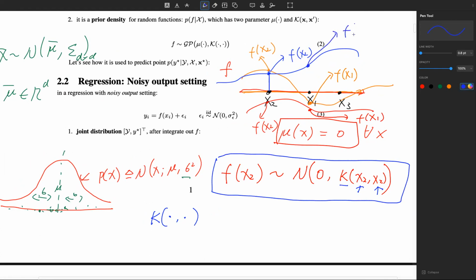The blue one, the orange one and the red one are 3 different realizations of f of x1. And these 3 points are 3 different realizations of f of x2.